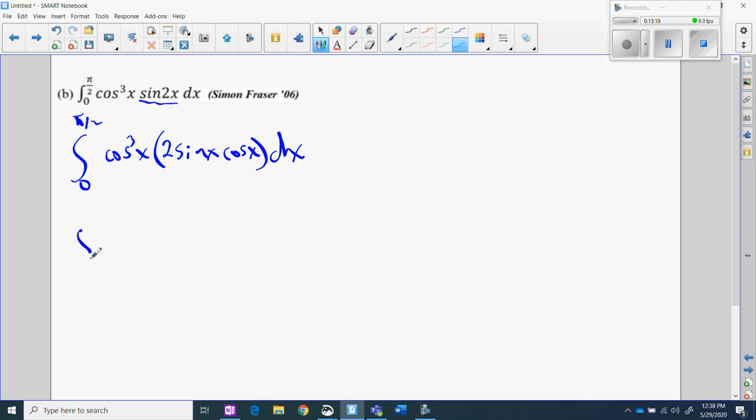Multiply that out, and you're going to get cosine to the 4th x sine x. The 2, I just throw out front.